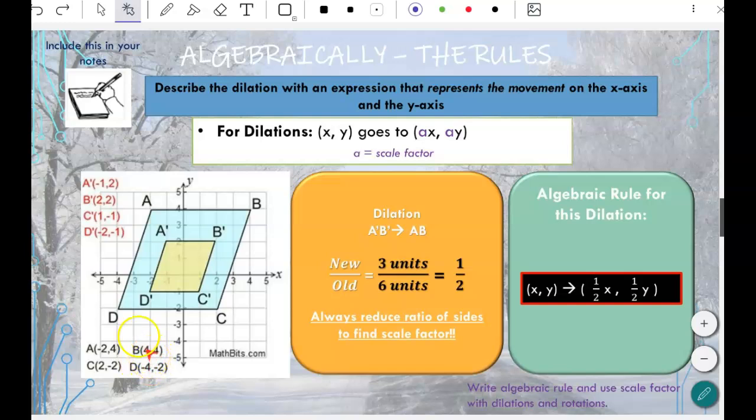The x goes from 4 to 2, so it's reduced in half. So that is our scale factor, 1/2. The y value goes from 4 to 2 as well, so it's reduced to 1/2. You can use any of the points and see that it is the same scale factor. So the algebraic rule for this one would be 1/2 x, comma 1/2 y. Each of the x and y coordinates is multiplied by 1/2, the scale factor.